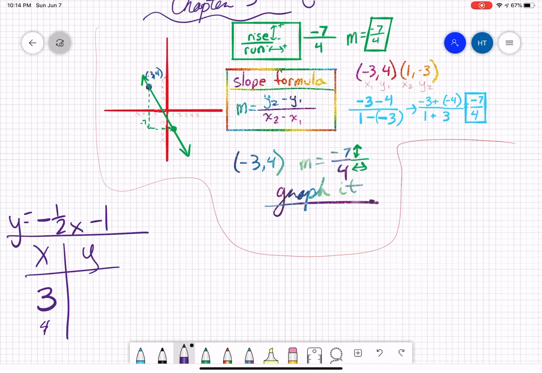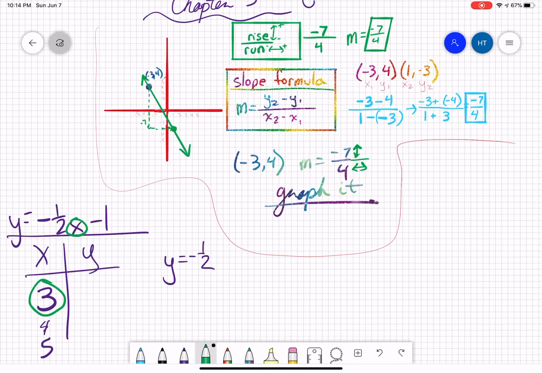Let's say that's 4, and then 5, and so on and so forth. Well, in this case, we just go back to what we remember with expressions and equations, and we substitute. So we take this 3 and put it in for x. So I get y equals, because I don't know what that is, I'm looking for that, -1/2. Well, I'm substituting my x with 3, and I'm going to keep that in parentheses, minus 1.